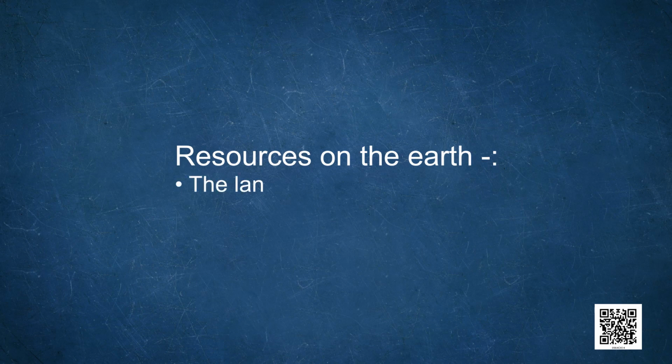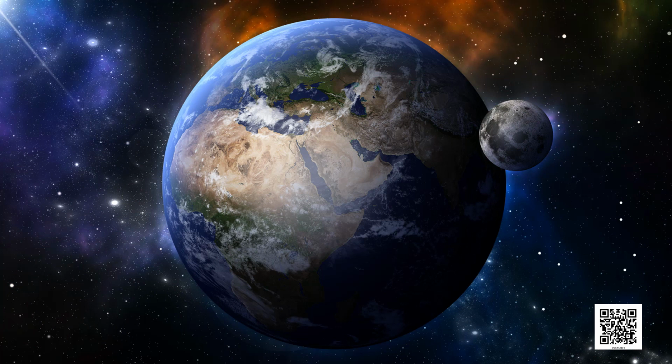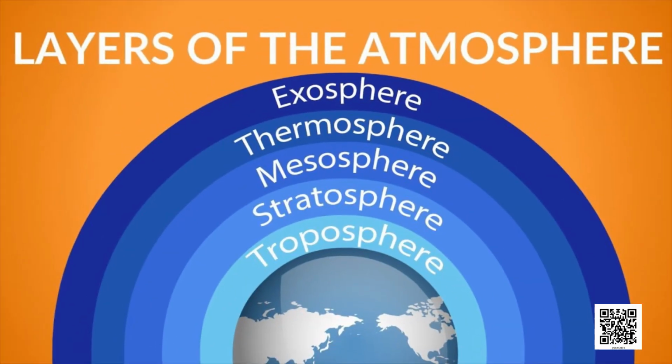Resources on the earth: the land, the water and the air. The outer crust of the earth is called the lithosphere. Water covers 75% of the earth's surface. These comprise the hydrosphere. The air that covers the whole of the earth like a blanket is called the atmosphere.